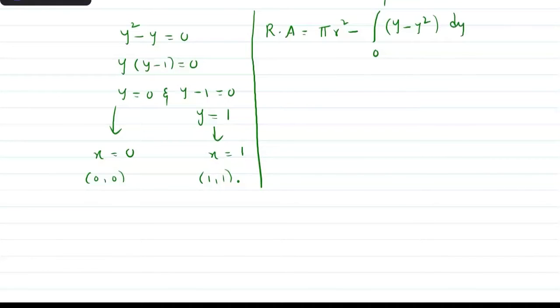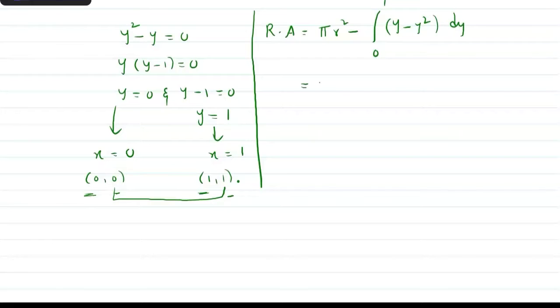The lower limit is 0 and the upper limit is 1, because one point is (0, 0) and the other point is (1, 1). So if you take y limits, it is 0 to 1.